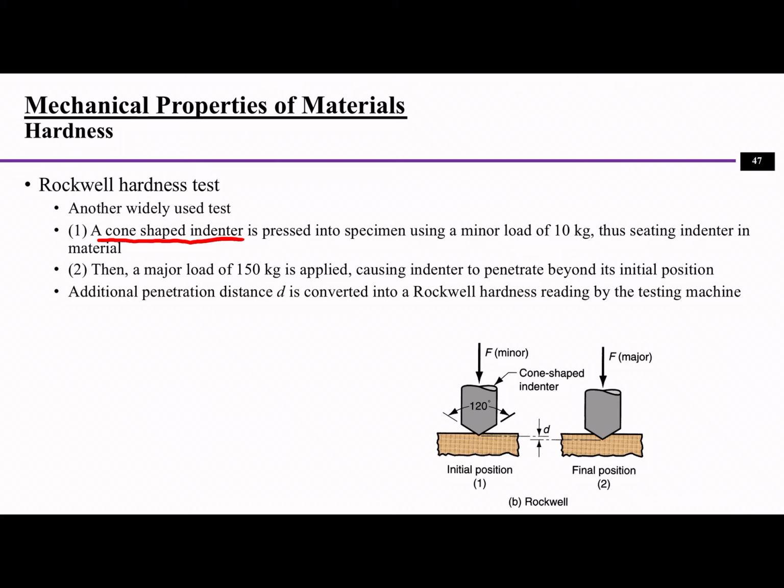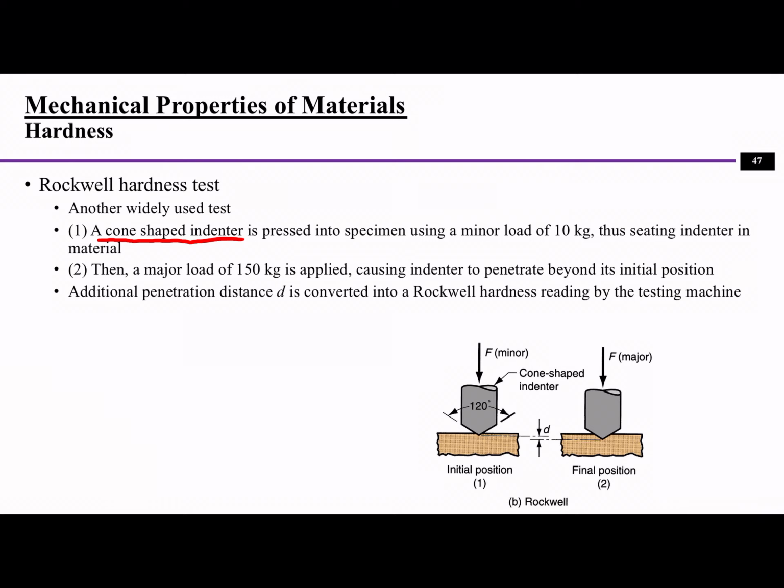The Rockwell hardness test is pretty much similar to the Brinell hardness test in principle. First you need to make sure that the indenter sits on the material surface, and give a preload, so it is actually seated.